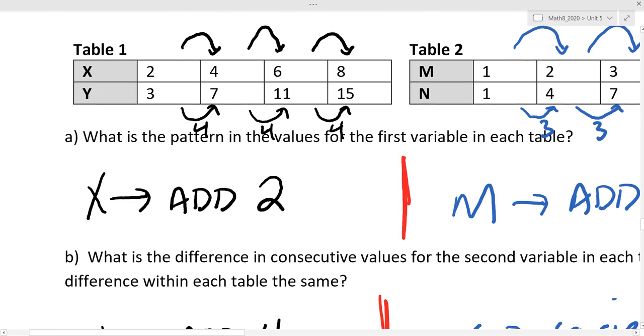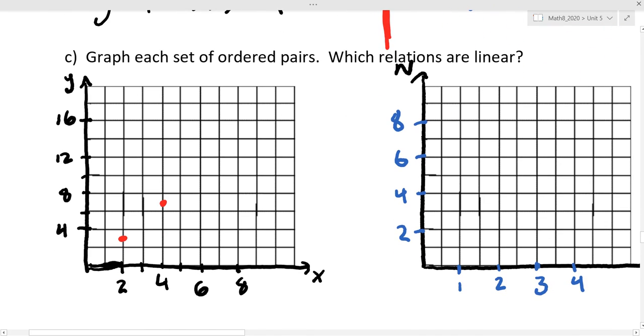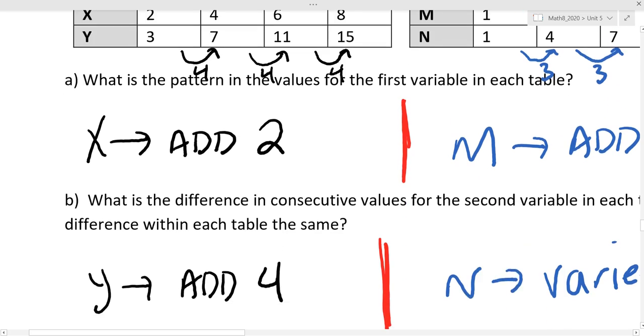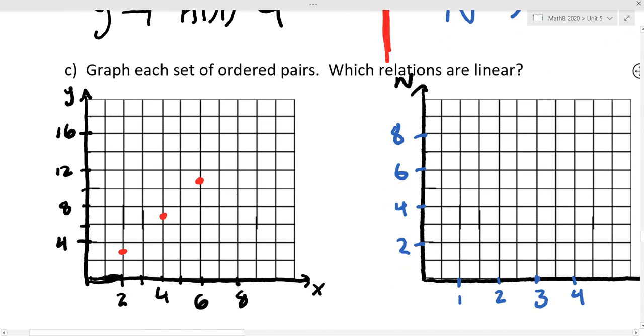It's nice if it does. 6 and 11. And 8 and 15. 12, 15. Right there. And so far, this looks like everything falls on a straight line, right? So if you got that, that's looking good.